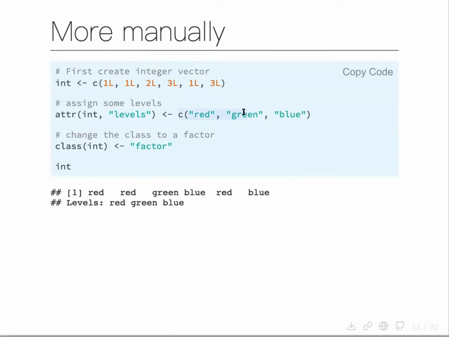I'm going to say those levels are red, green, and blue. Then finally, I'm going to change the class of int to be factor. And then when I print int, we get red, red, green, blue, red, blue. Those integers are being shown as the levels rather than their integer value. And it tells us below that the levels are red, green, and blue.